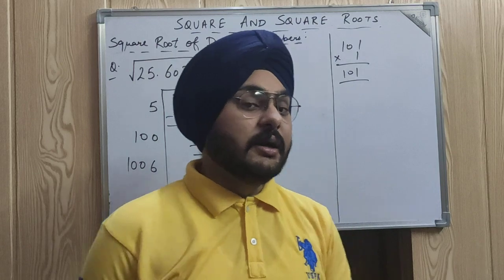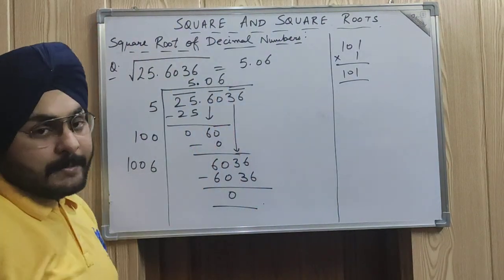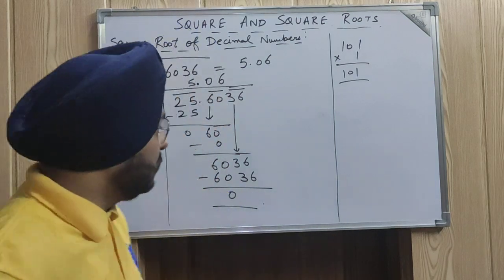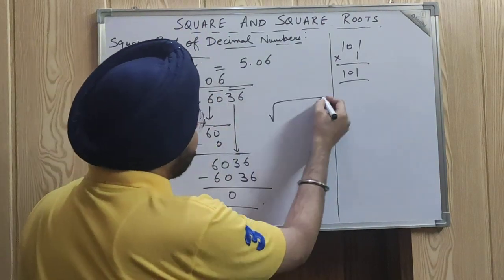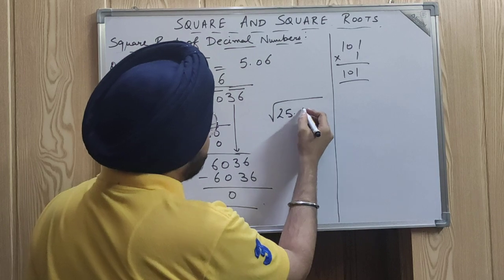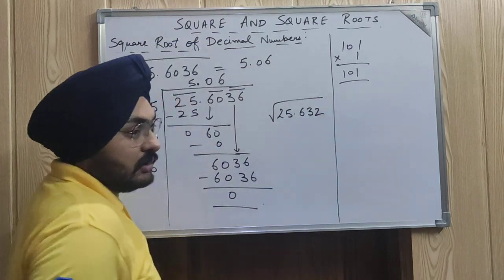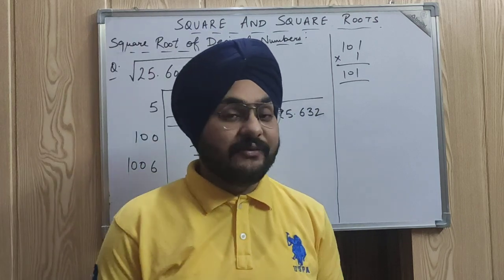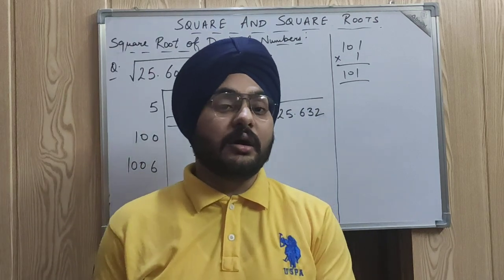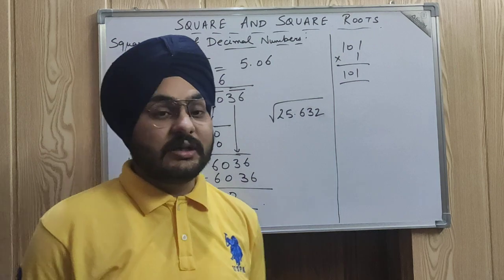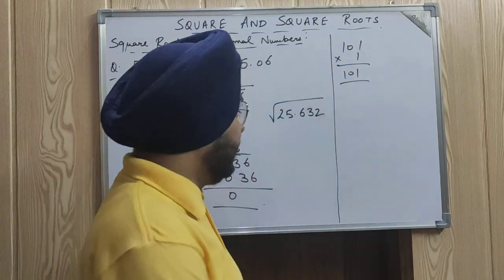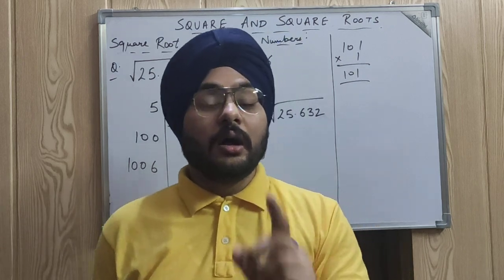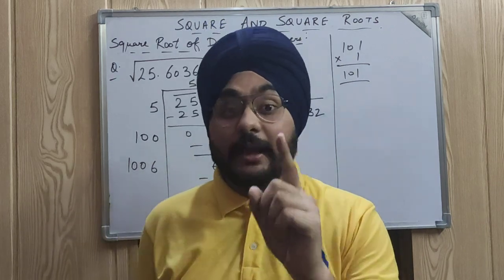Now I'm coming to the important facts basically for the square root of decimals. So keep in mind, after the decimal, the digits, if I'll be taking this case, if you are finding the square root of 25.632, now after the decimal, count the number of digits. I'm saying after the decimal, count the number of digits. Now the digits are 3, that are odd. So I can simply say this is not a perfect square. This is an imperfect square.